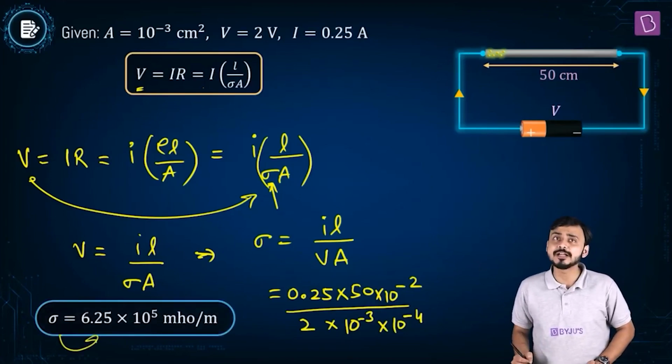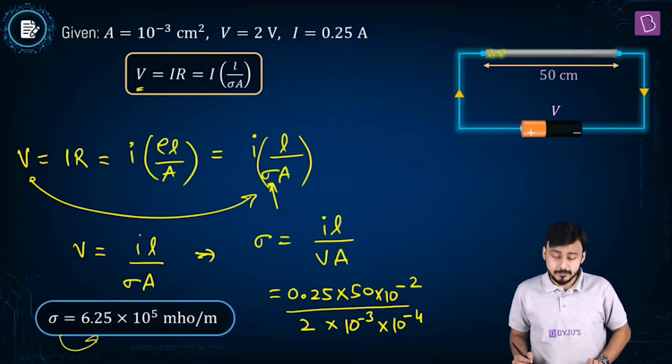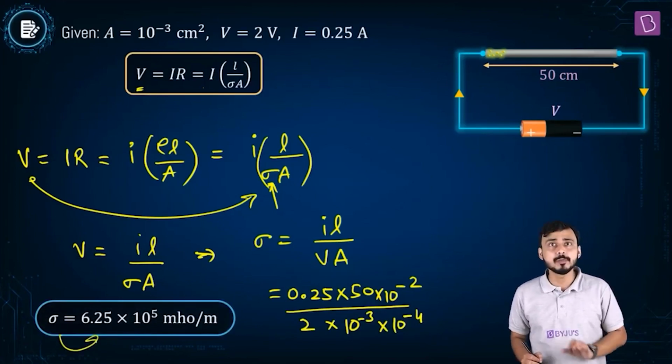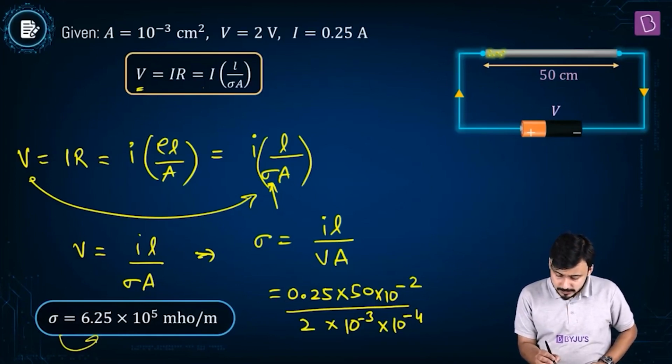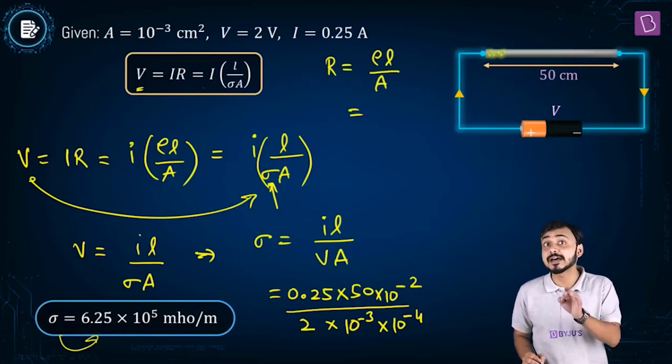Now if you solve this, sigma is equal to 6.25 into 10 raised to power 5 ohm inverse meter inverse. So basically this mho is ohm inverse. How do you write it? What was R? R was rho L by A. And rho you can write as 1 upon sigma.